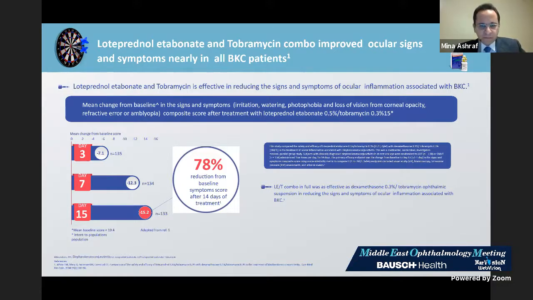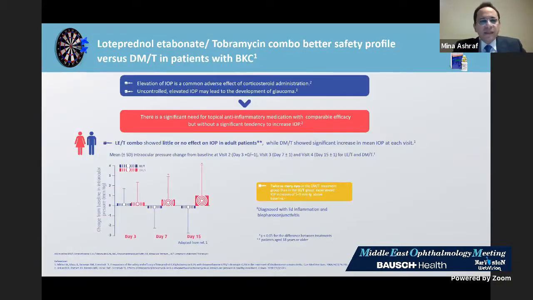14 days of treatment. However, in terms of safety, Xylet with the loteprednol and tobramycin combination achieved a better safety profile compared to dexamethasone tobramycin in patients with blepharokeratoconjunctivitis. And as we see here, we look at the changes from baseline in intraocular pressure between the two treatment groups. The blue charts are the loteprednol tobramycin Xylet compared to the red charts, dexamethasone tobramycin.